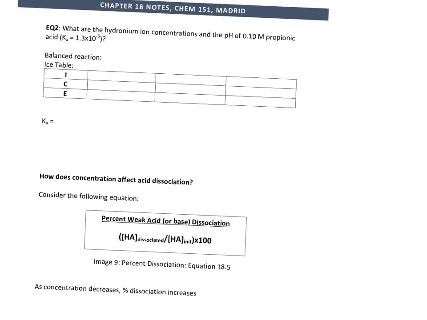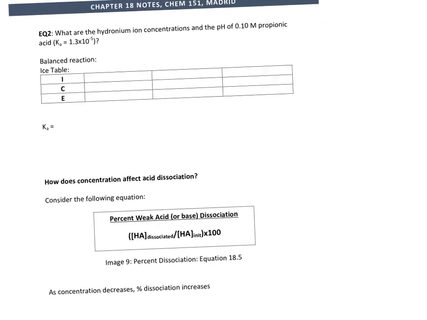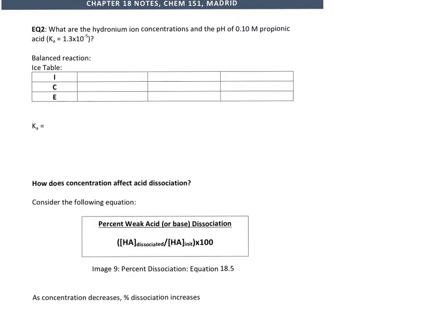Either way, let's take a look at what we have available to us. All right, so the Ka of the acid is given. That is 1.3 times 10 to the negative 5. So I'm going to highlight that. And then we also have, not the pH, we have the molar concentration. Let's do the same thing we did in the previous problem.